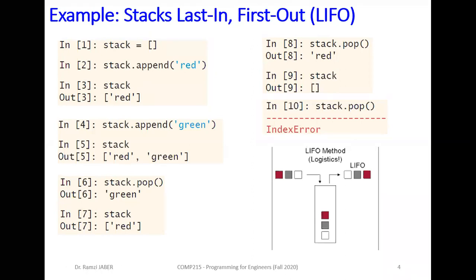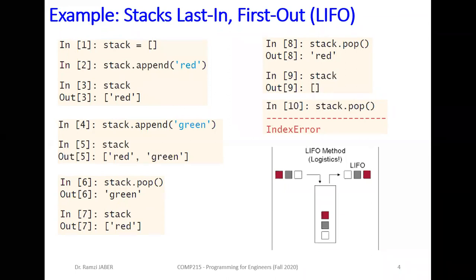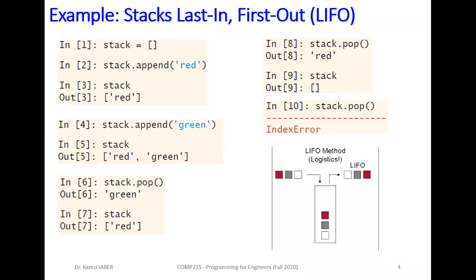So Python can work with data structures. Okay? In your next course, data structure, you can make your examples in Python. Okay? Any question for this slide? Any question? No, doctor. Good.